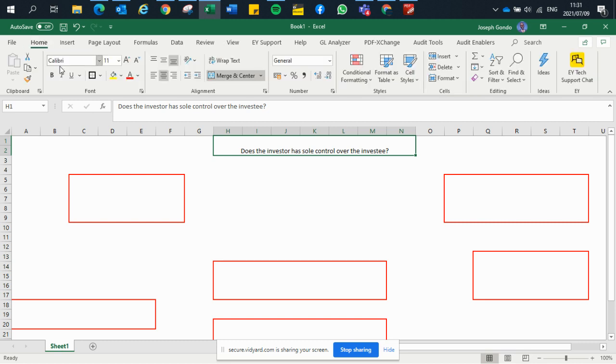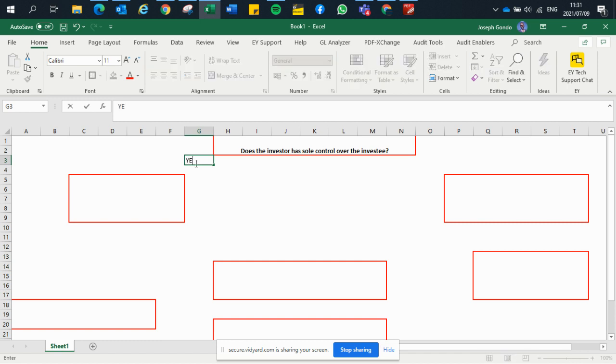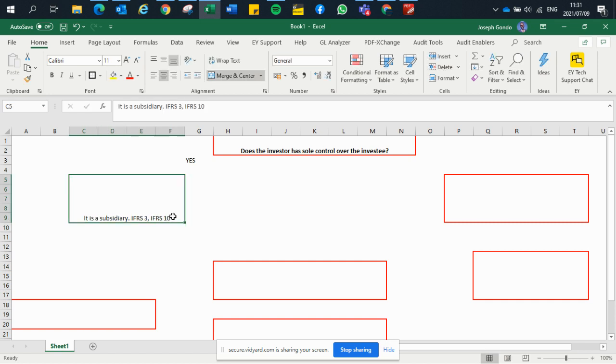If the answer is yes, then it is a subsidiary. Apply IFRS 3 for business combination and consolidate in terms of IFRS 10. Make also disclosures in terms of IFRS 12.